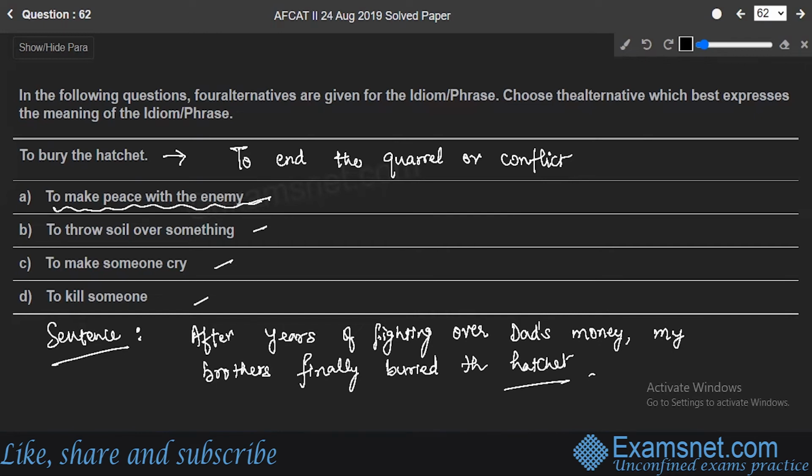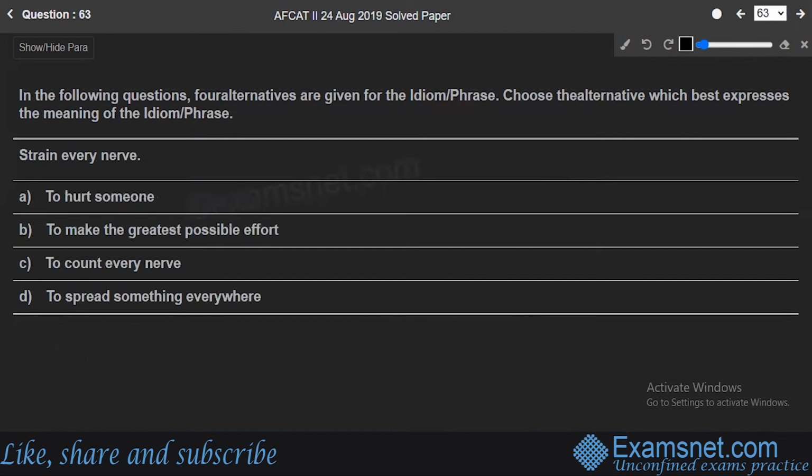Let's move to the next one, that is 63. Let's read out the phrase: to strain every nerve. The given options are to hurt someone, to make the greatest possible effort, to count every nerve, to spread something everywhere. Let's look at the meaning of this phrase, strain every nerve.